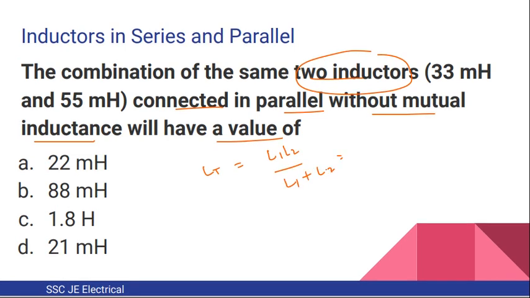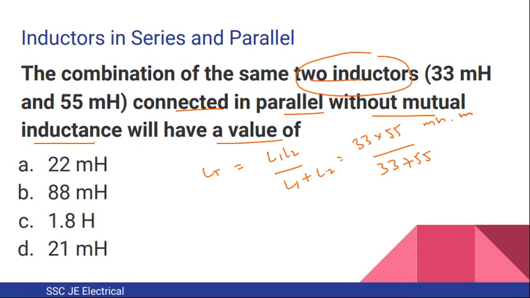The inductances given are 33 millihenry and 55 millihenry, so 33 into 55 by 33 plus 55. Just note, millihenry into millihenry in the numerator, and denominator you will get millihenry.